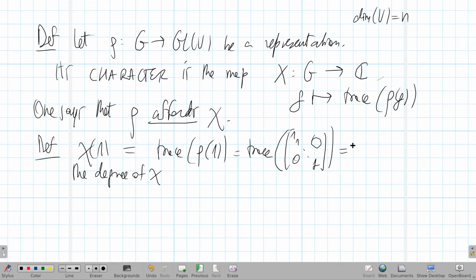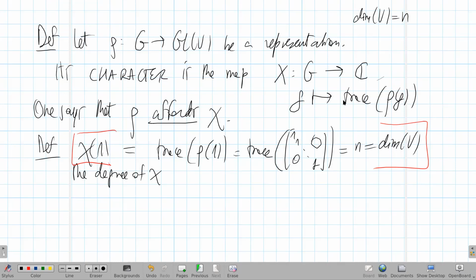And this is of course equal to what I call n, the dimension of V. So we will refer to the degree of chi, and this is exactly the dimension of the underlying vector space. Since we will show eventually that the character determines the representation, it will have to determine the dimension of the underlying vector space, since it's going to determine everything.